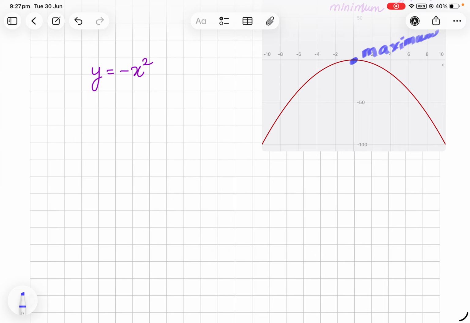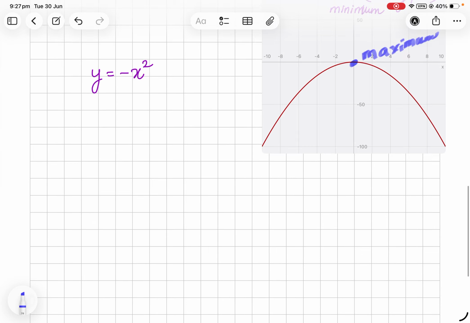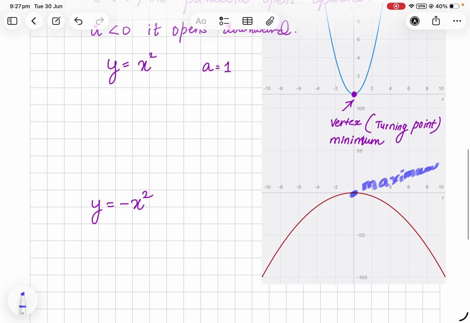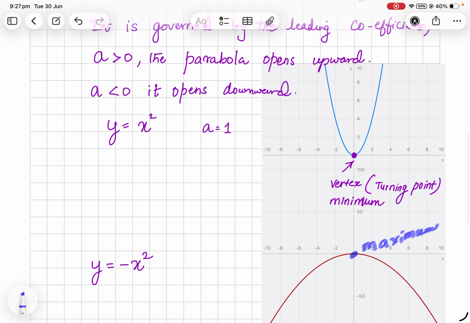Then we also have something called the axis of symmetry. But before I do that, one of the ways to find the vertex is with the help of the x coordinate of this vertex. There is a formula.